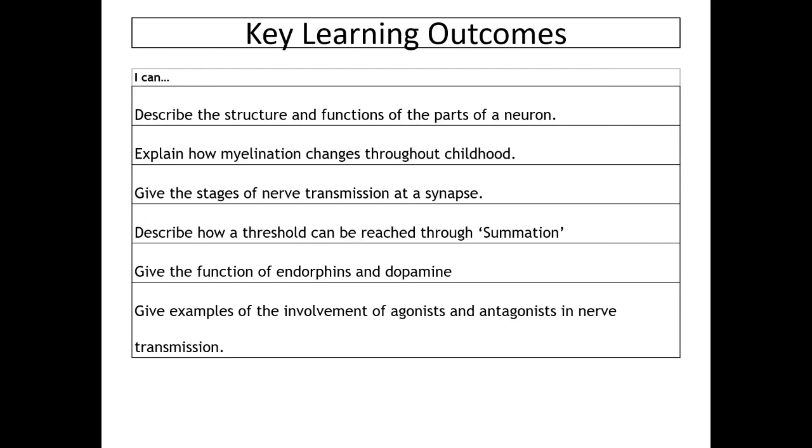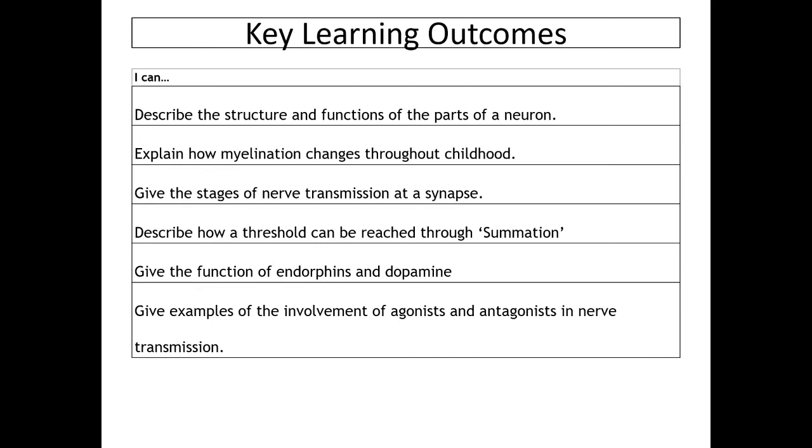We talked about neurotransmitters acting as agonists, where they occupy the receptor site instead of the neurotransmitter. And we've talked about antagonism as well, where a chemical occupies the receptor site but does not cause the signal generation through either excitation or inhibition. Finally, we talked about the fact that because of agonism and antagonism, the body can adapt.